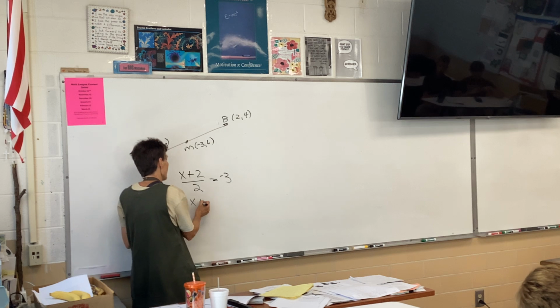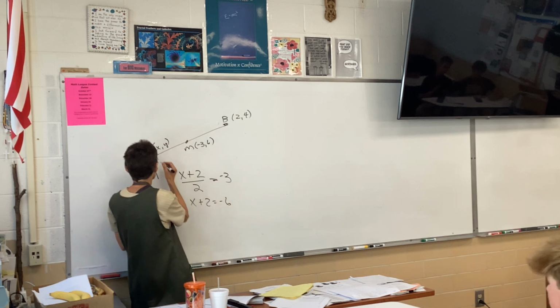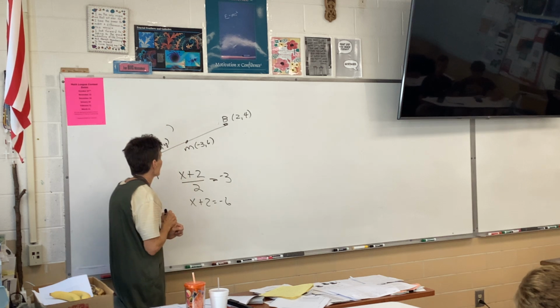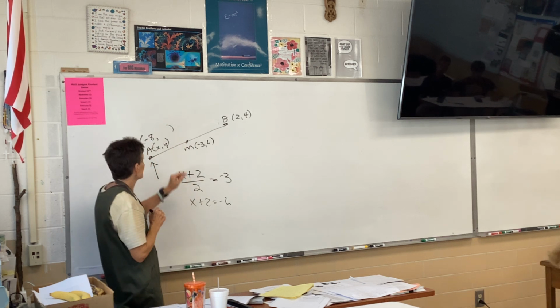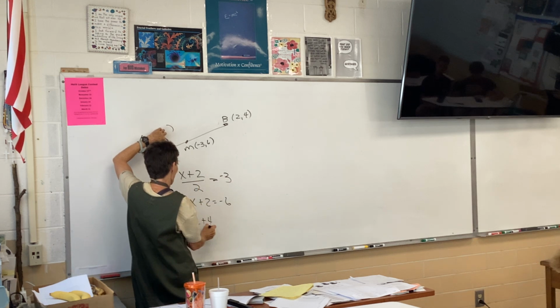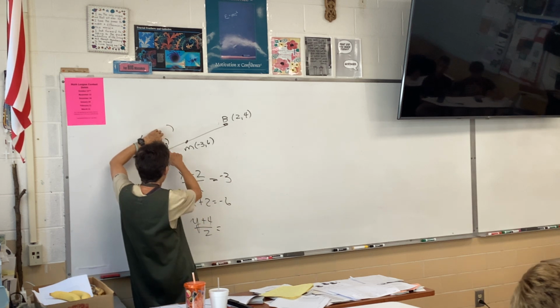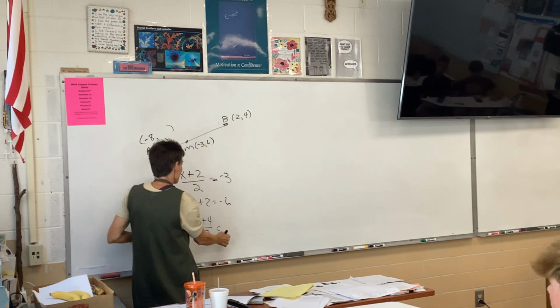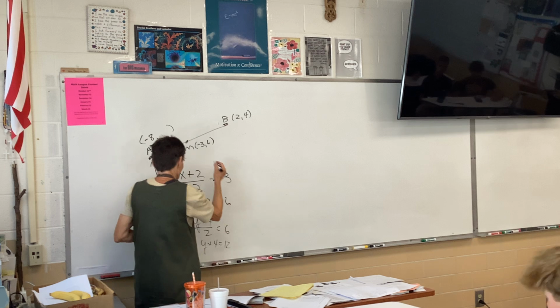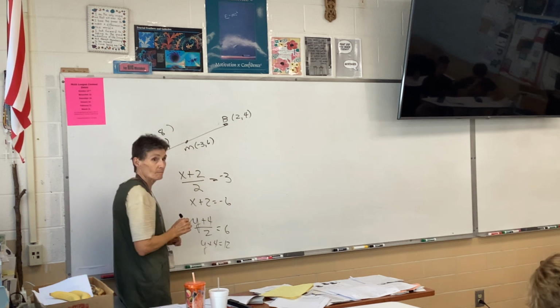Yeah. So x plus 2 equals -6. It looks like x is -8. And then similarly, the average of y and 4 has to be 6. So it looks like y is 8.